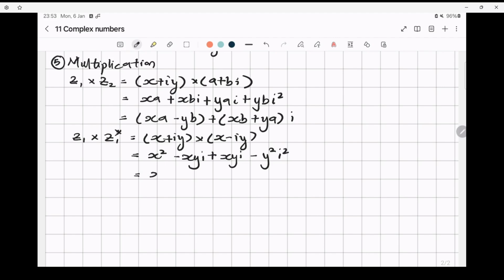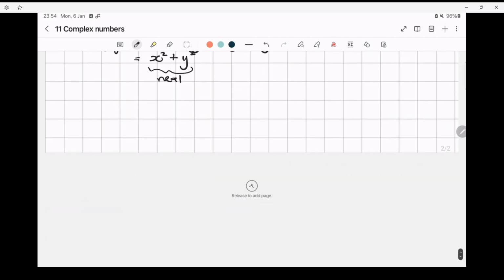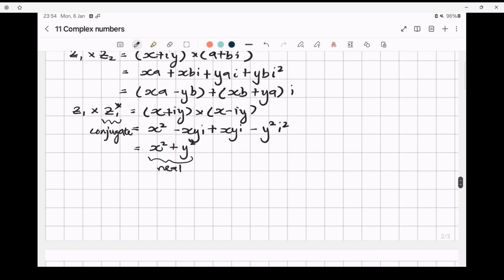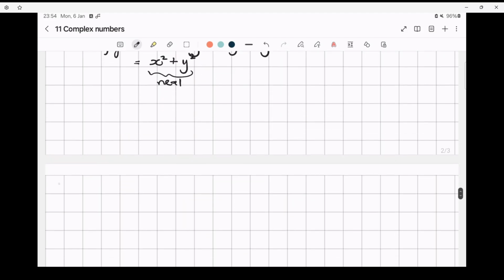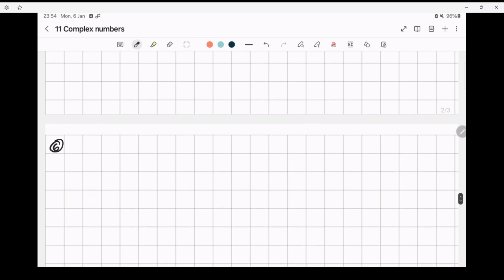In the end, you will get x squared plus y squared. So the reason why you have complex conjugate is so that when you multiply with the original complex number, you will get back a real number. That's the reason why you need complex conjugate. So finally, let's look at division.